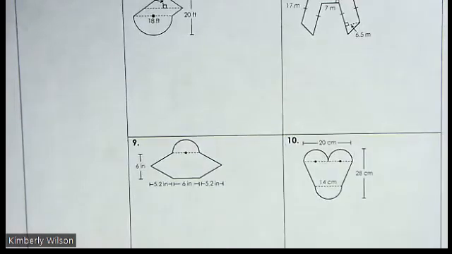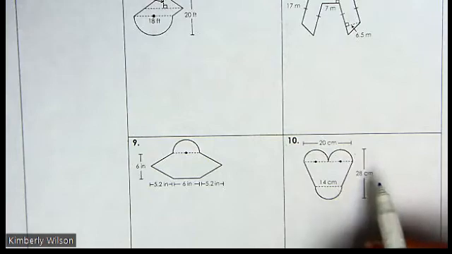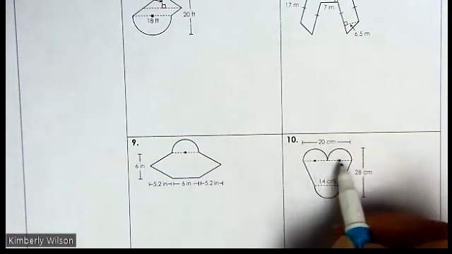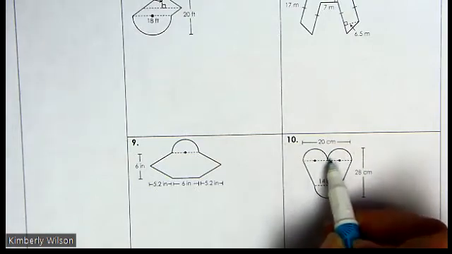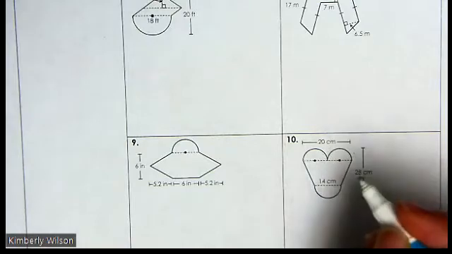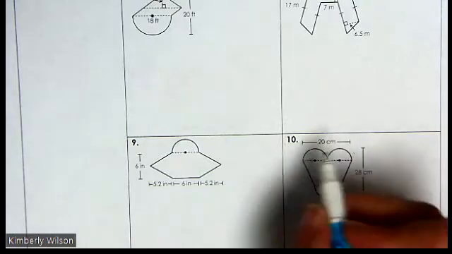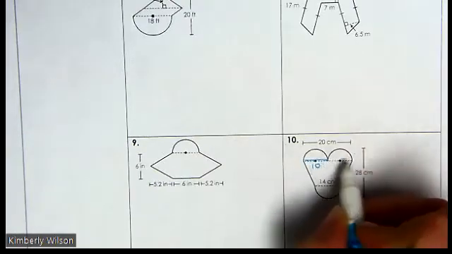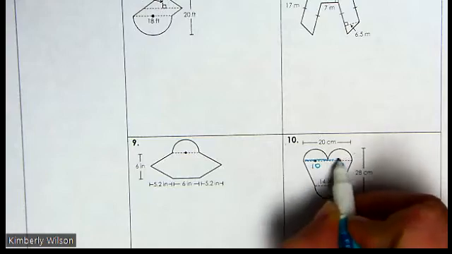All right, flipping over. We're going to look at number 10. I picked number 10 because we've got several shapes here. When I'm looking at this, the 20 is all the way across. This is halfway between, so this is 10 all the way across here, 10 all the way across here.